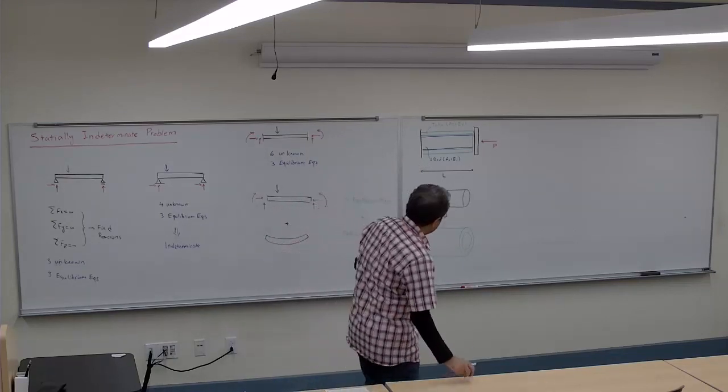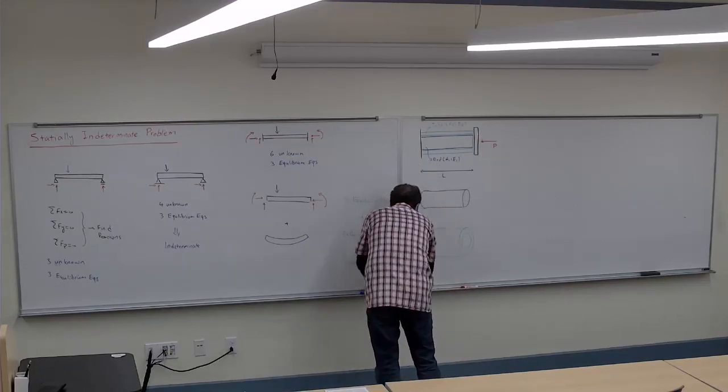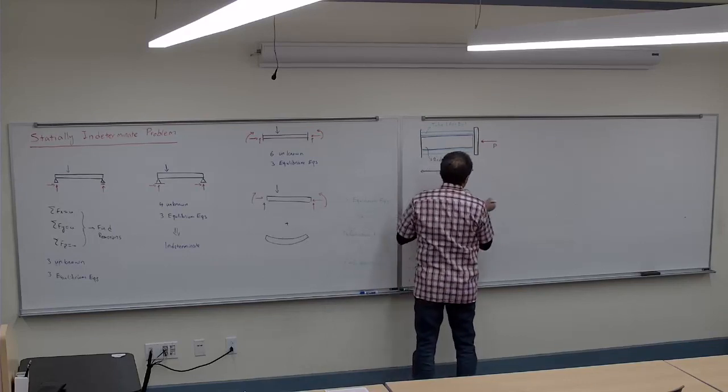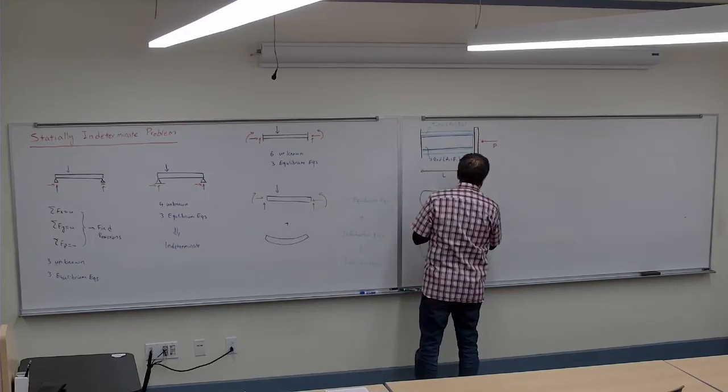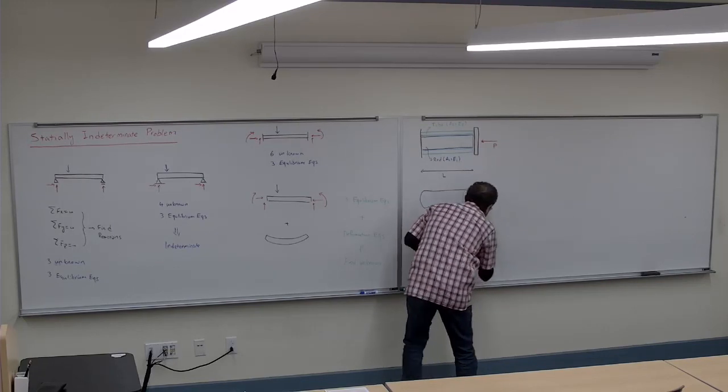And then if I want to say that, okay, here is a force P, and part of that is going to be handled here, so it's going to be P1, and part of that will be handled here, P2.